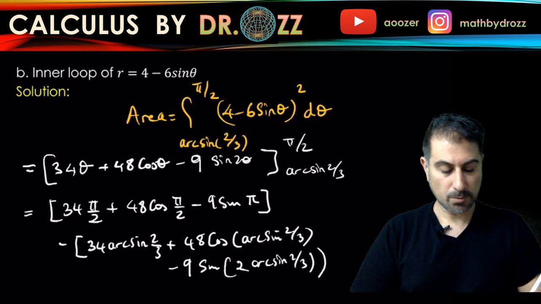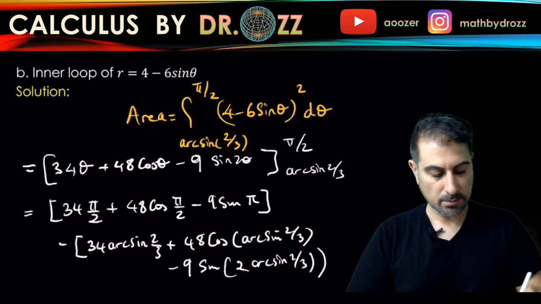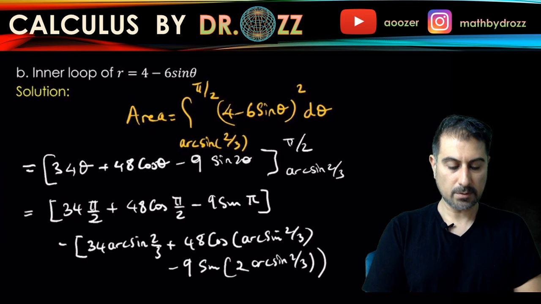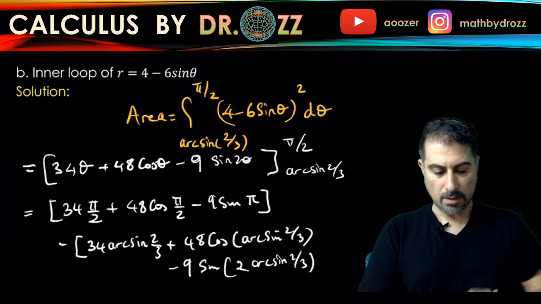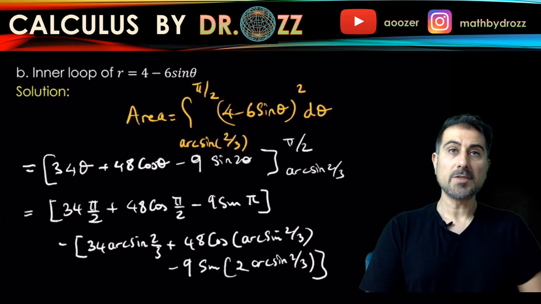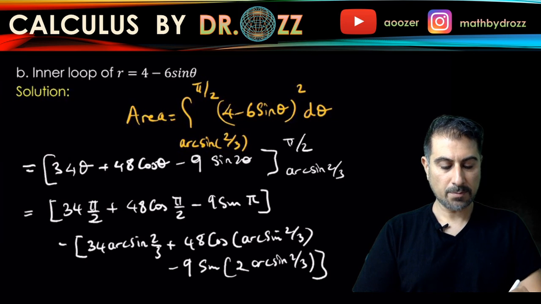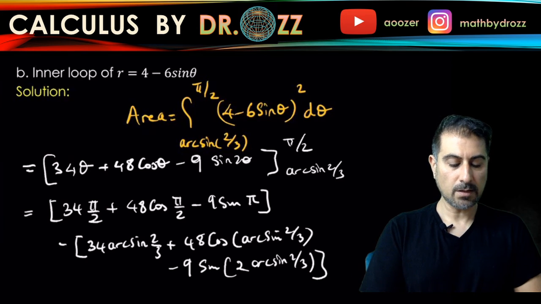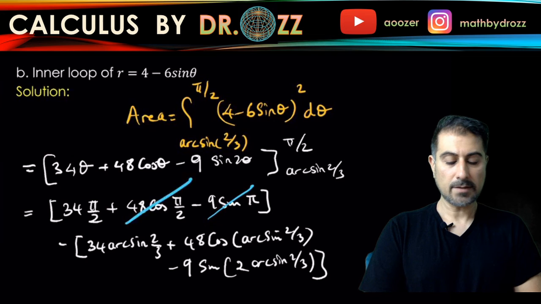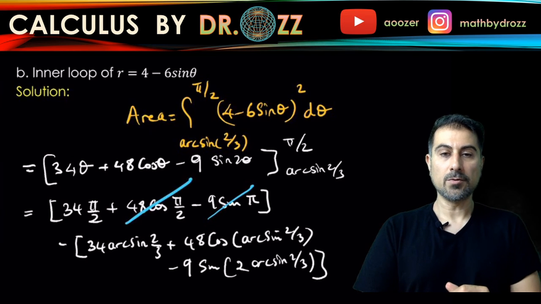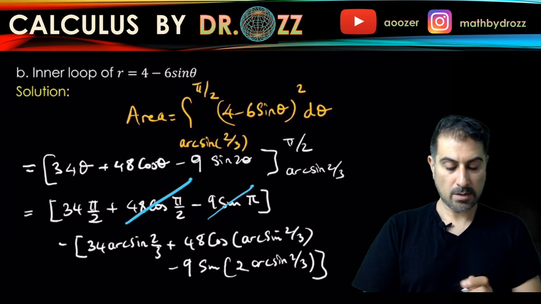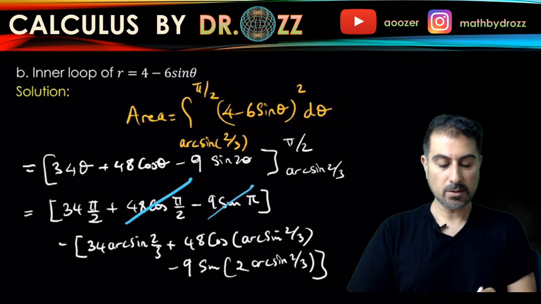Let me just put the bracket the right way. This is the result of the bracket. And these are zero terms, obviously, because sine pi is 0 and cosine pi over 2 is 0 as well. You can go ahead and evaluate those cosine arc sine 2 over 3 and sine 2 arc sine 2 over 3 numerically, as well as this term here.